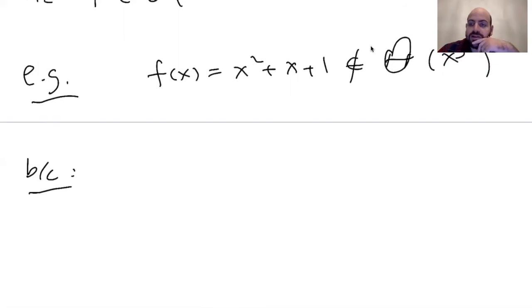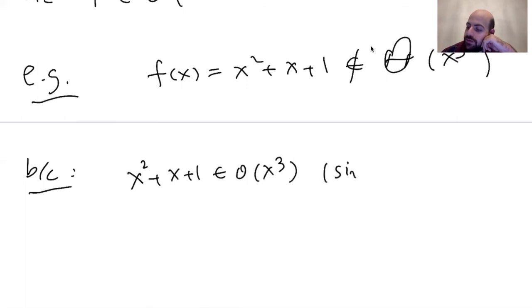So that condition holds. But f does not belong to capital omega of x cubed, right? Because x squared plus x plus 1 belongs to small o of x cubed, since the limit of x squared plus x plus 1 over x cubed, as x goes to infinity, is 0.